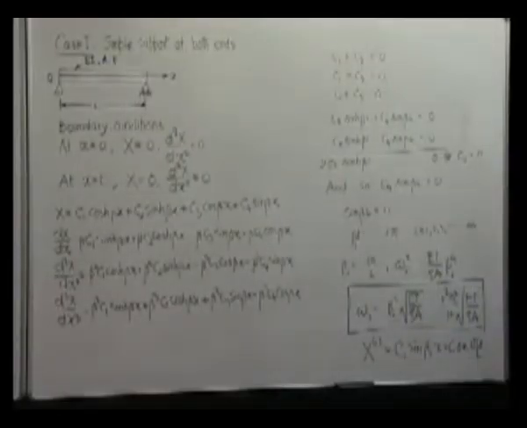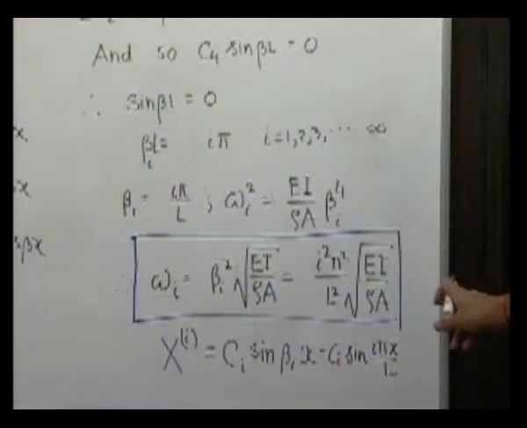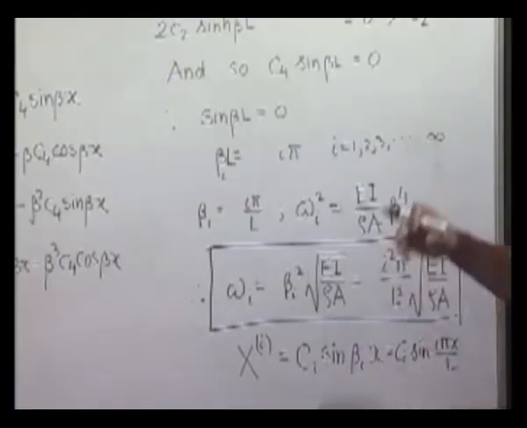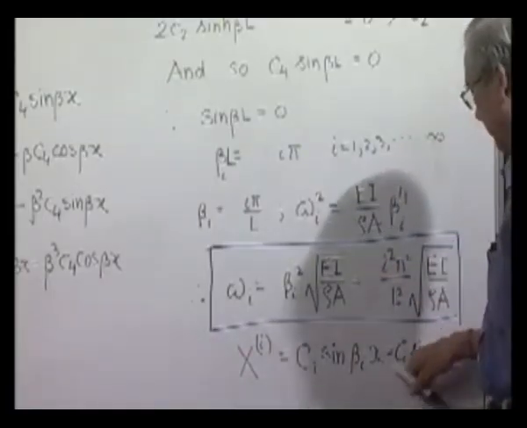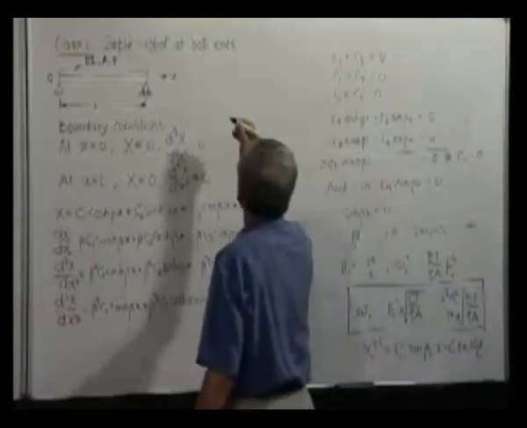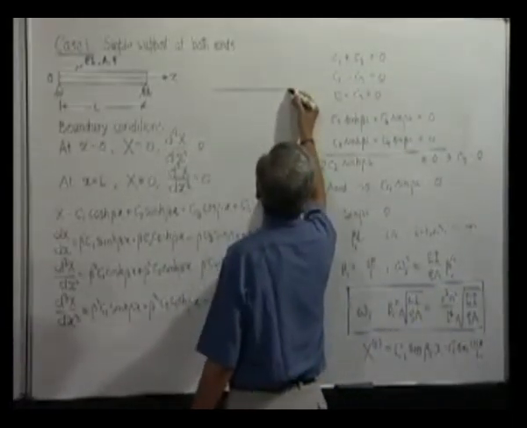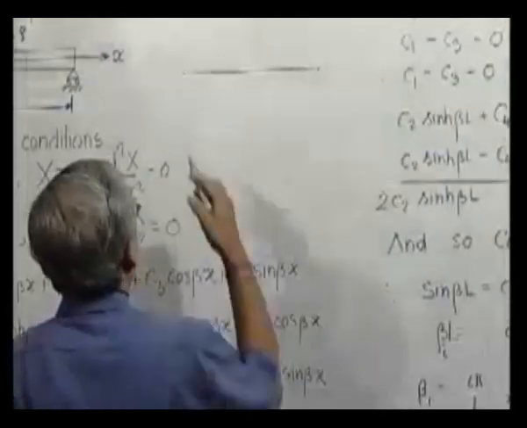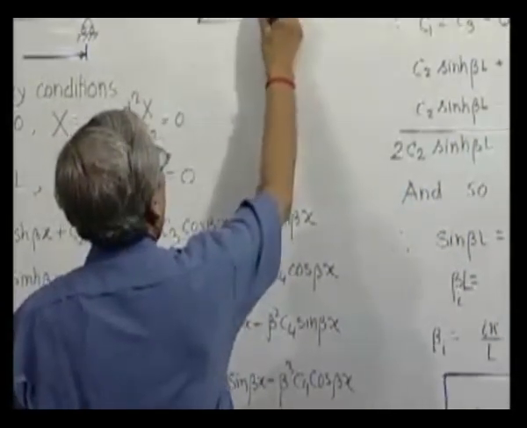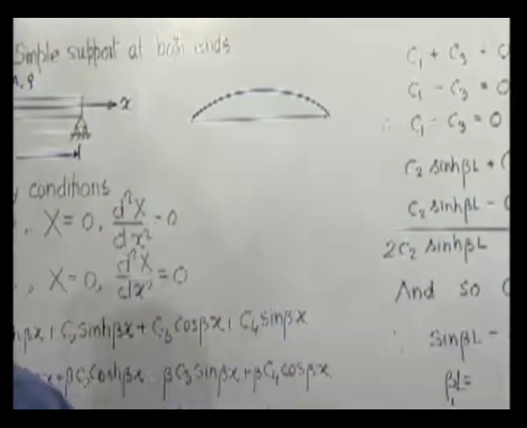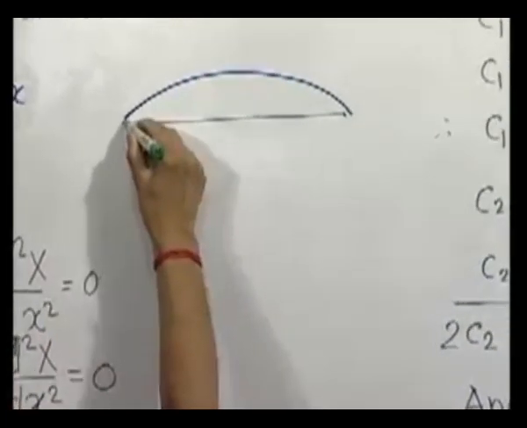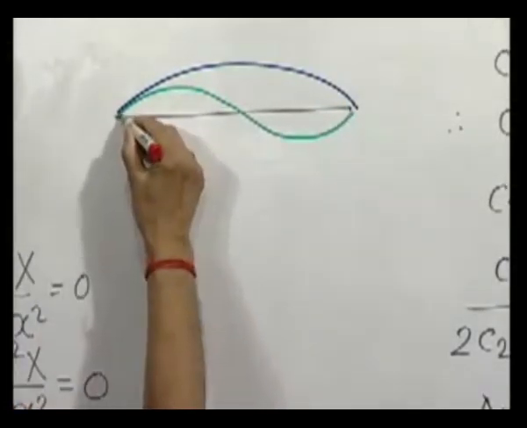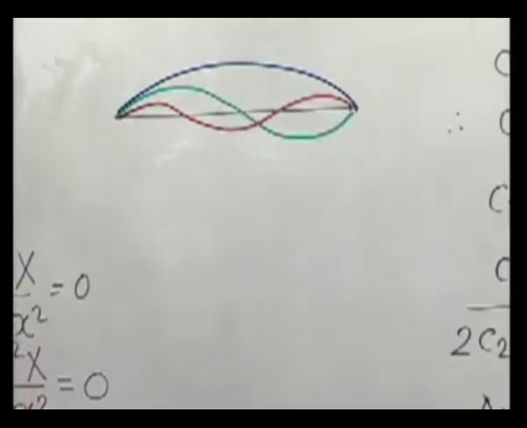So it is possible in this particular case to find out the mode shape in closed form, and we can see it is nothing but sine functions, and the various modes we can plot. First mode is obviously this, second mode will be, third mode will be, and so on.